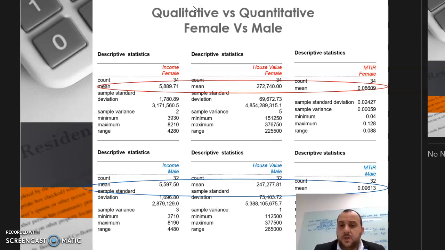In the second column, we also saw that the house value related to female, which is 272K, is higher than the male. In the third column, we did the analysis related to MTIR: for females it is approximately 8.6%, while the male is 9.6%, so the MTIR for male, which is related to risk, is also higher.